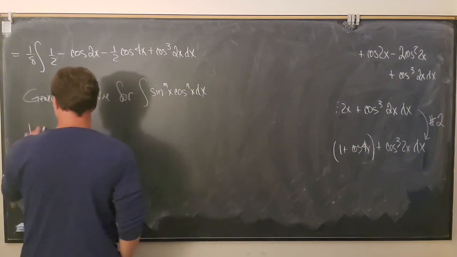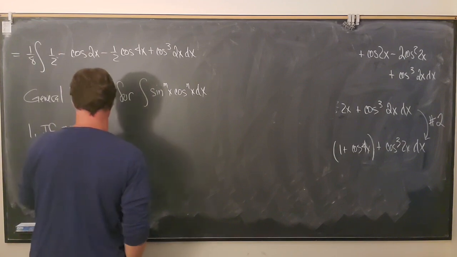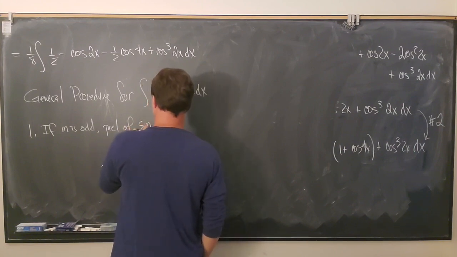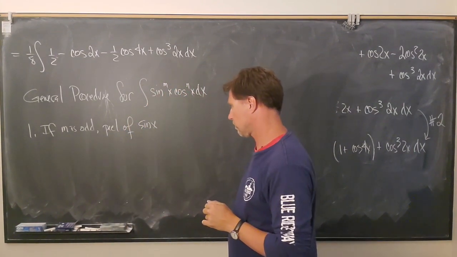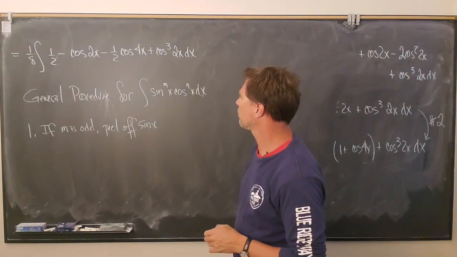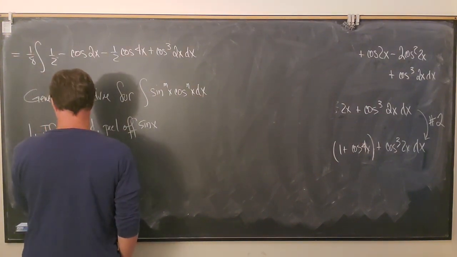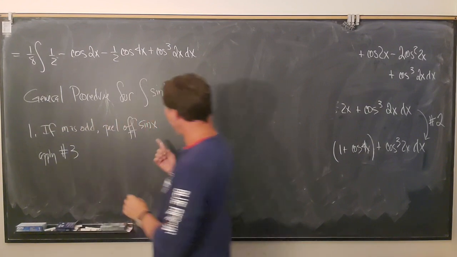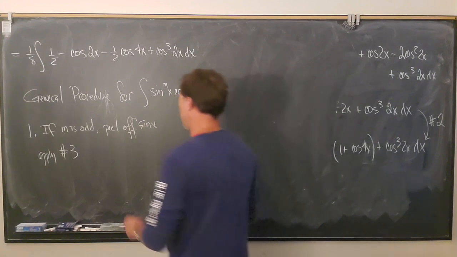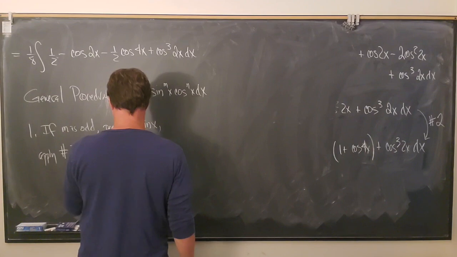So let's see, if m is odd, so if we have an odd power of sine, peel off 1 power of sine x, apply identity number 3, and then what you'll have is one factor of sine, everything else will involve cosine, and so then you let u equal cosine x.